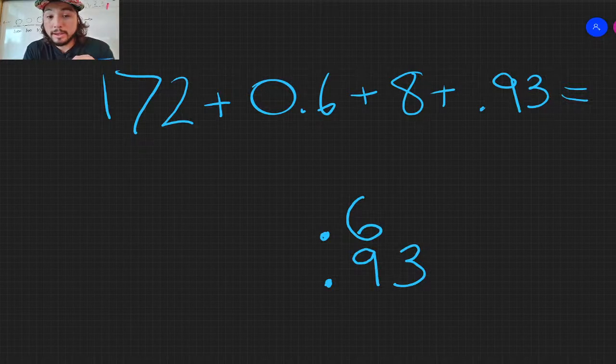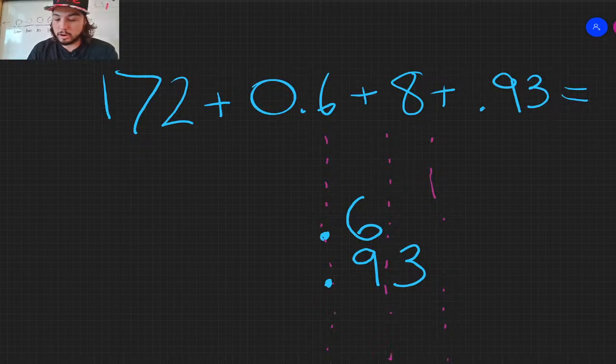Do you see how our decimal place, I'll do it in pink here, is always lined up in the same spot? That helps us line up our tenths and our hundredths and eventually our whole numbers, okay?